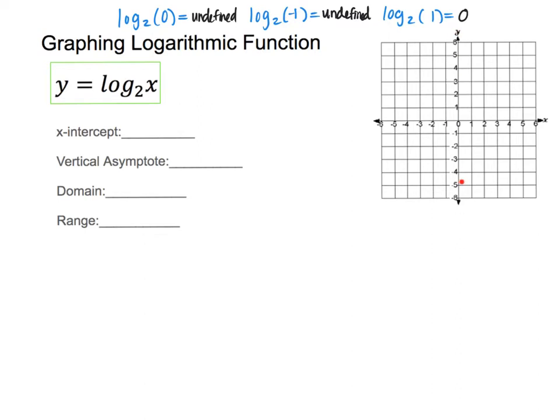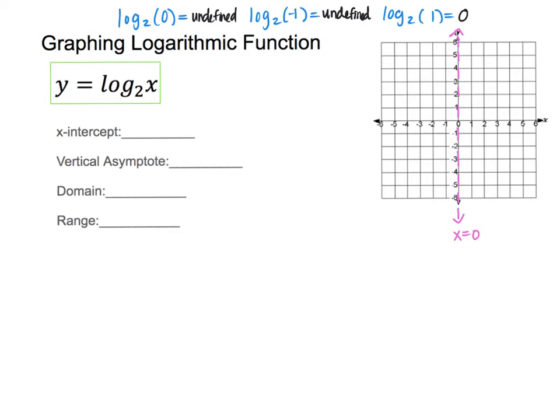Which tells me that we have a vertical asymptote. A vertical asymptote is going to be on this grid at x equals 0. Because when I plug in 0 for this x, it rejects it. So that means it cannot be at x equals 0.